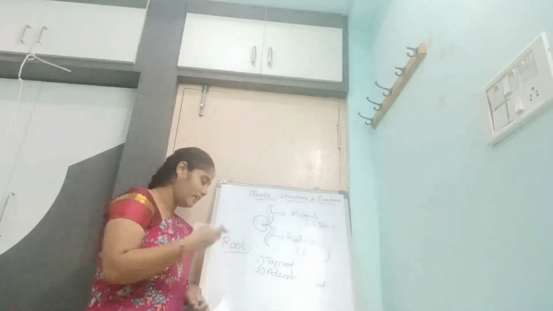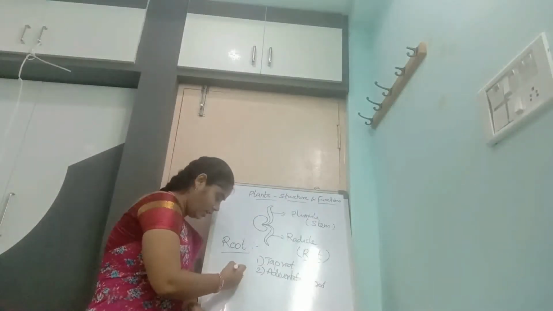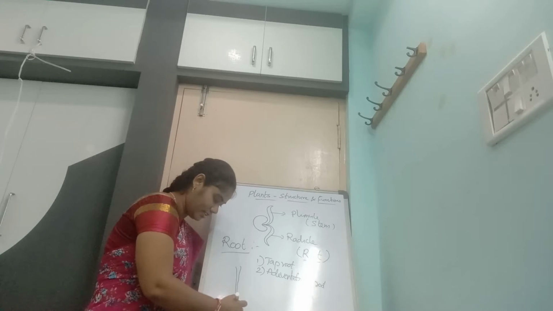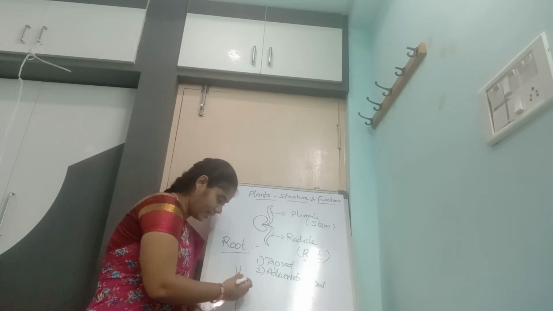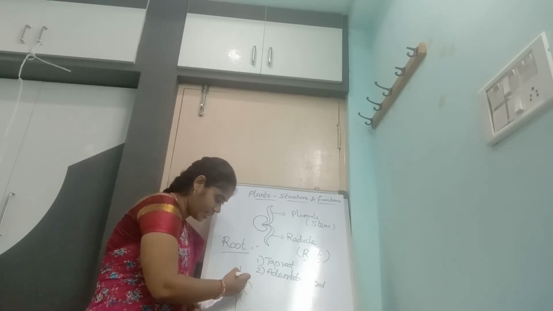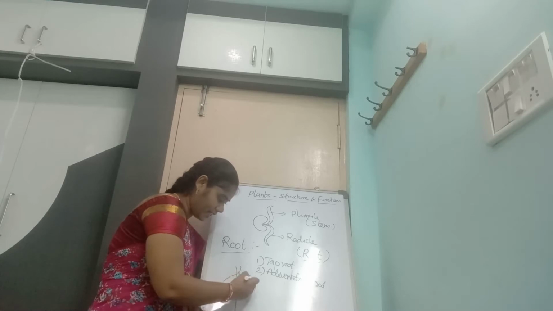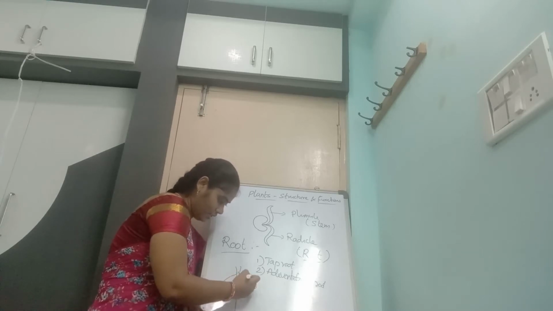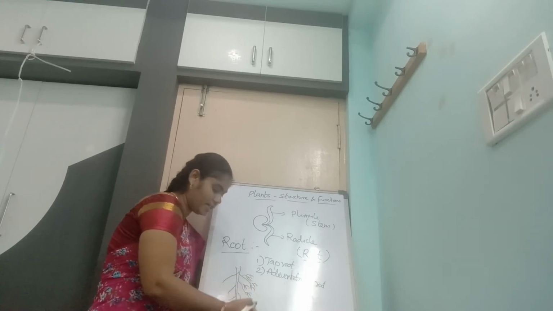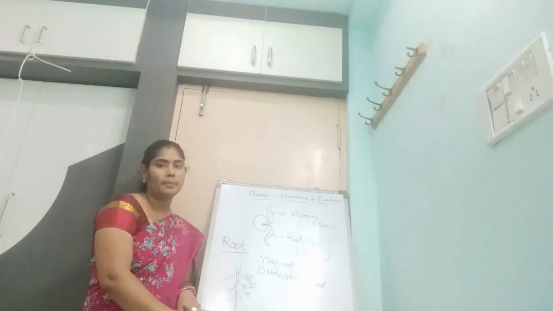We have a long and big root, and from the lateral sides of this main root we have branches. From these branches again some small roots are raised. This type of root system is called the taproot system.